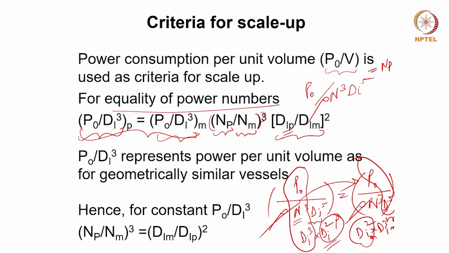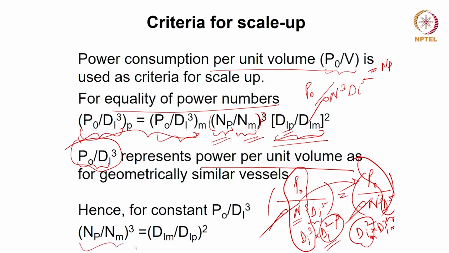Now P0 by Di cube, as I mentioned earlier, represents your power per unit volume for the geometrically similar vessels. Now this is the scale up criteria, which means at the prototype and the model type, we can consider further that these are same. So then if we keep this as a scale up criteria, then we can relate the impeller speeds at the two levels with the diameter of the impellers at the two scales.